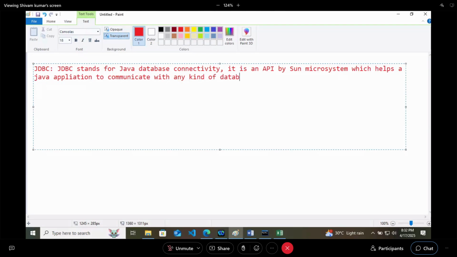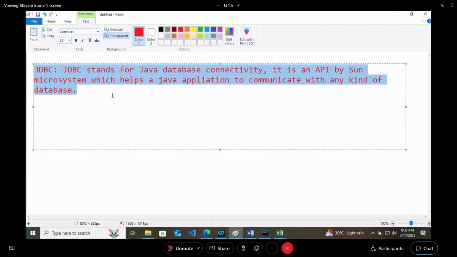I'm writing any kind of database, not limited to relational only, but generally with Java, we are using relational databases. So this is the full form and the complete definition of JDBC: it stands for Java Database Connectivity and it is an API by Sun Microsystems.